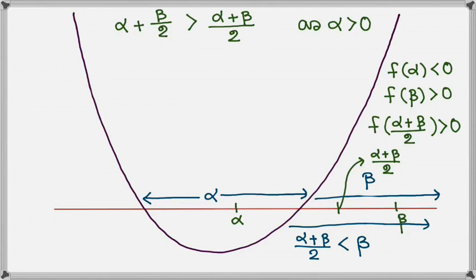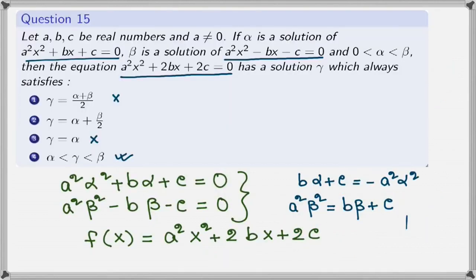So therefore, from the picture it is very much evident that f of alpha plus beta by 2 is strictly bigger than 0. So alpha plus beta by 2 cannot be a solution of f of x equals 0. So the second option is also not correct.